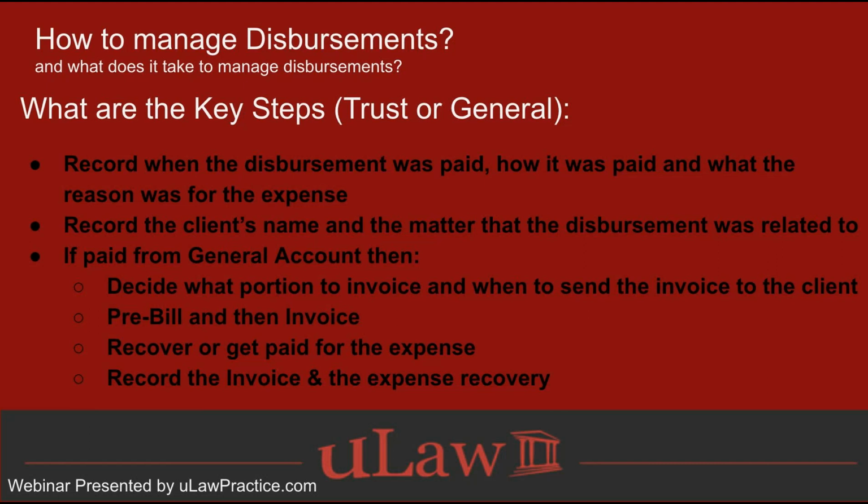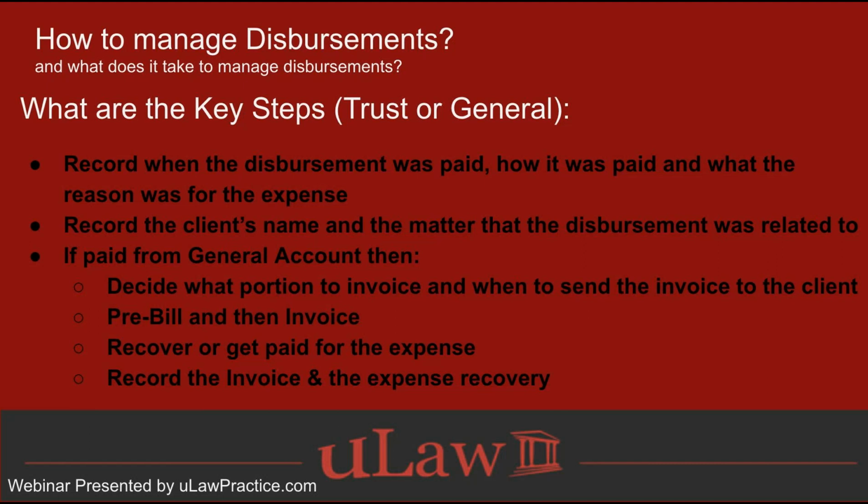Likewise, if it is paid from general, there are a few additional steps you might want to consider, because when you're doing a general disbursement, there's something called top portion, bottom portion, making sure which portion you're invoicing to the client, and whether you're including a profit or not, and pre-bill it, check everything appropriately, and then you can recover the expense.